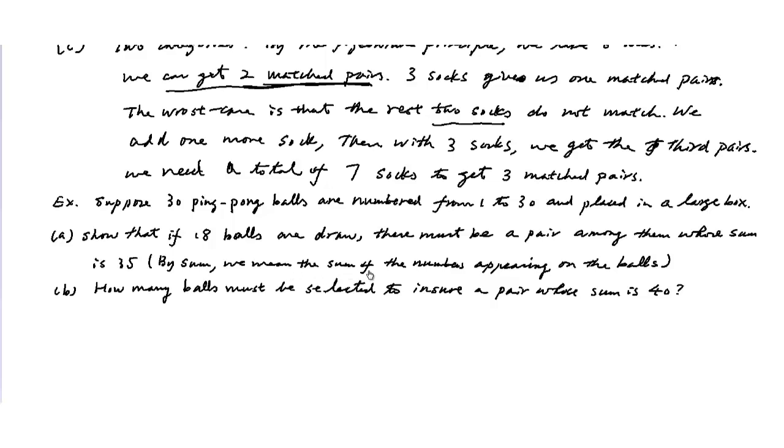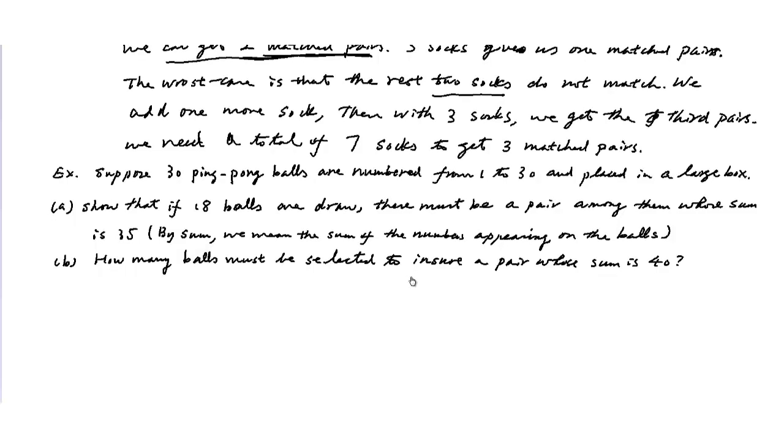Now we have 30 ping pong balls, and we just need to create some categories. Then we can apply the pigeonhole principle. To create categories, our goal is to prove the sum is 35.